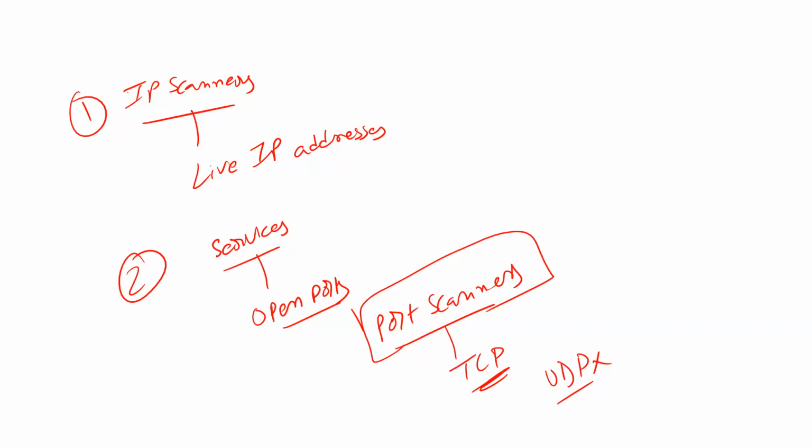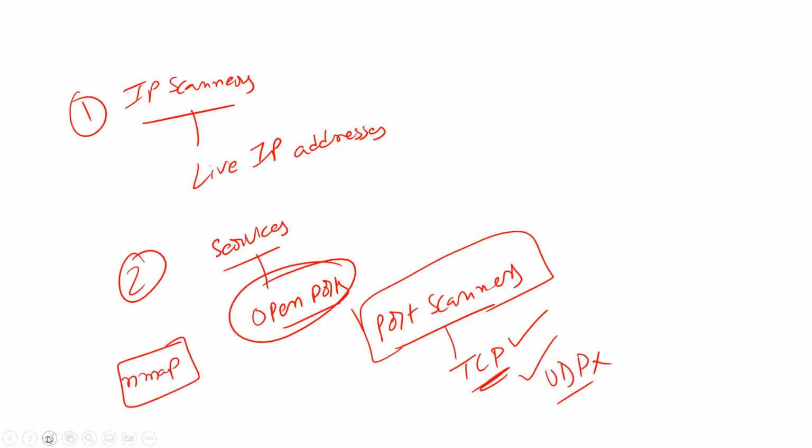What happens with the Nmap application is you have different kinds of scanning procedures here. To perform open port scanning, which shows you TCP as well as UDP ports, hackers are using Nmap.